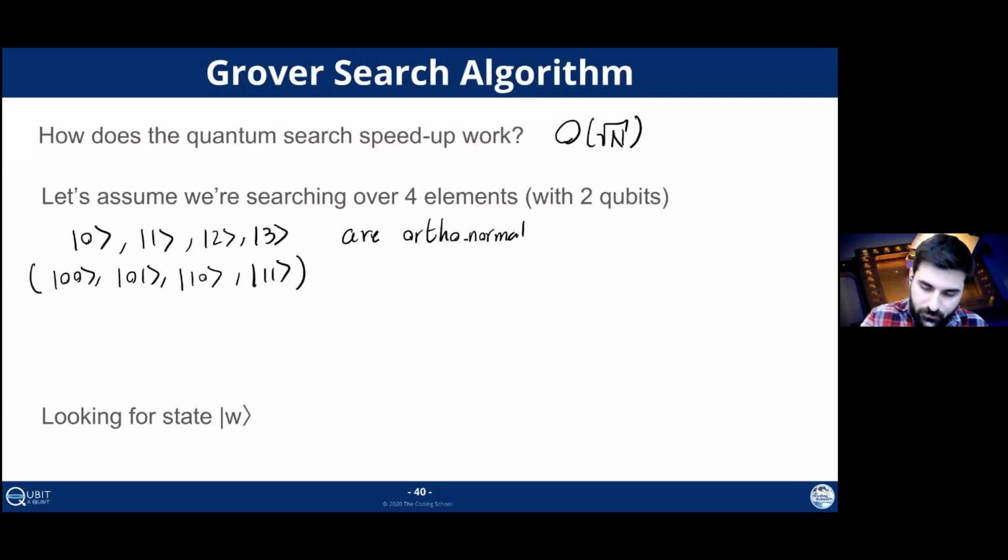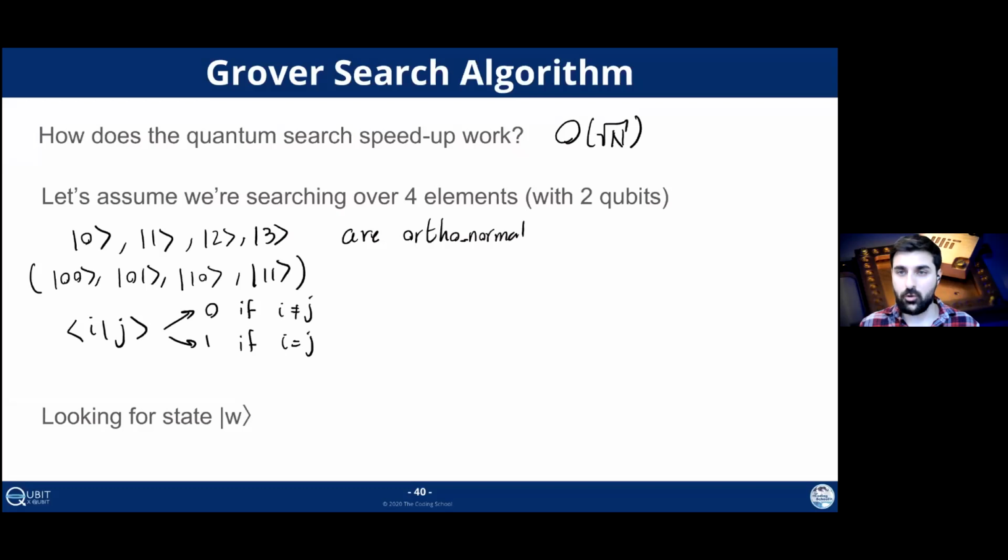We've seen the concept of orthonormal many times throughout the course, but just to do a quick review, if I had the overlap between i and j, where i and j are 0, 1, 2, 3, it's going to be 0 if i is not equal to j, and it's going to be 1 if i is equal to j.